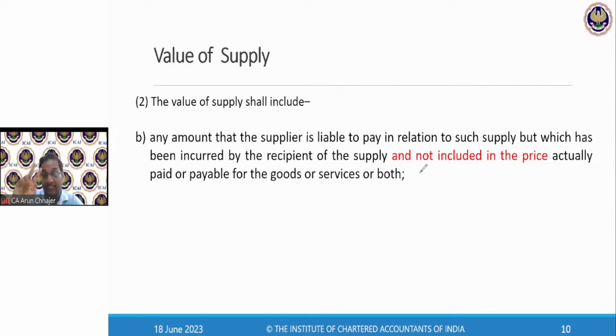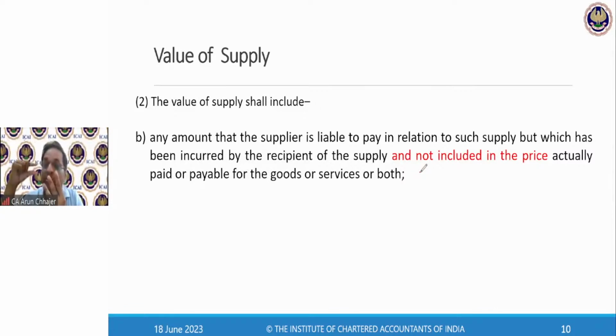So there are three points we need to understand from clause B. First, the expenditure is the liability of the supplier. Second, the expenditure is being paid by the recipient. Third, the expenditure is not included in the value. Then it will be added in the value.